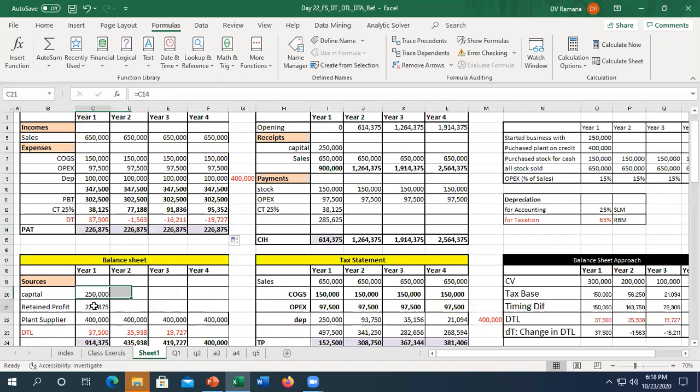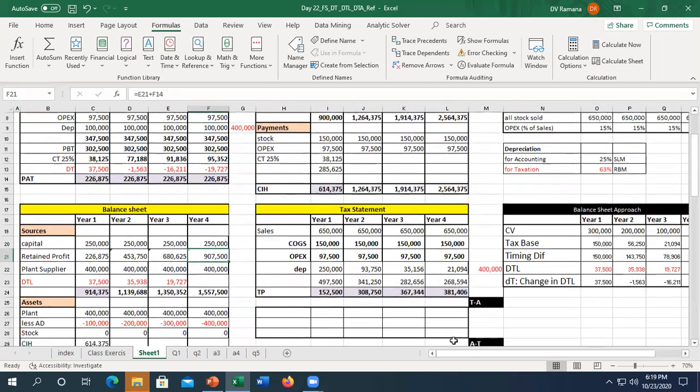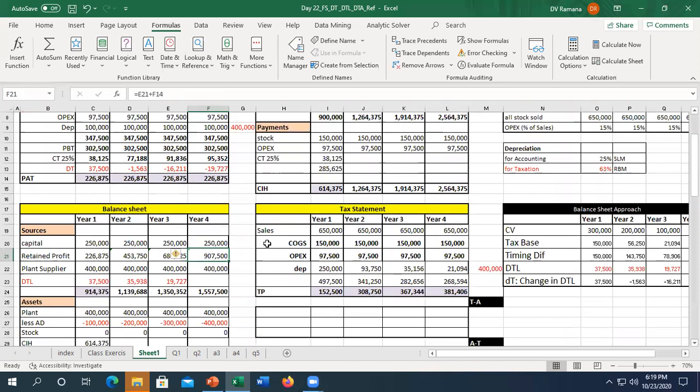If no information is given about the distribution of dividend, we just add the profit to the retained profit and keep on increasing the balance sheet. No change in the capital, right? The capital remains the same all 4 years, no issue, no buyback, no redemption. So therefore, the capital is the same.